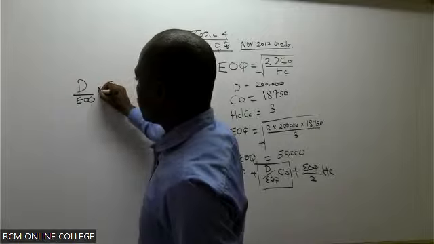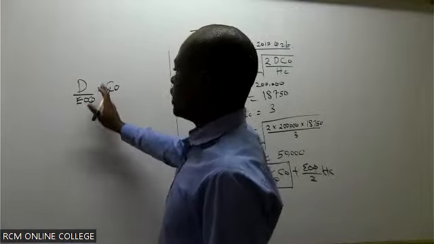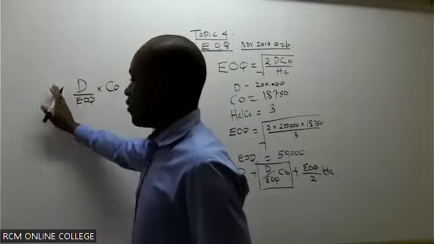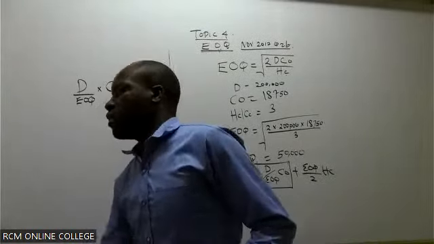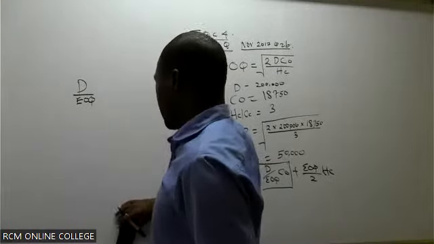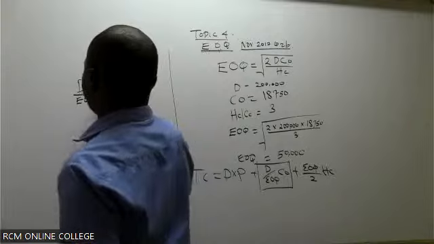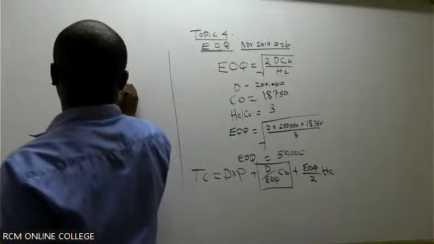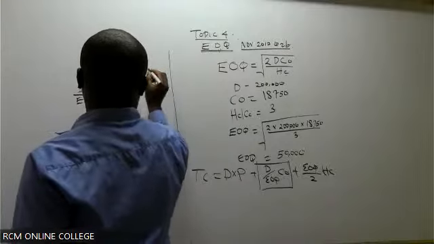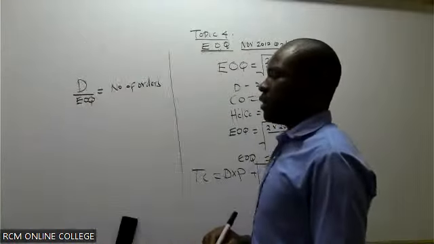So for us to get the total ordering cost, we take cost per order multiplied by the number of orders. What do I mean? If you just delete the ordering cost, this one here is equivalent to the number of orders.